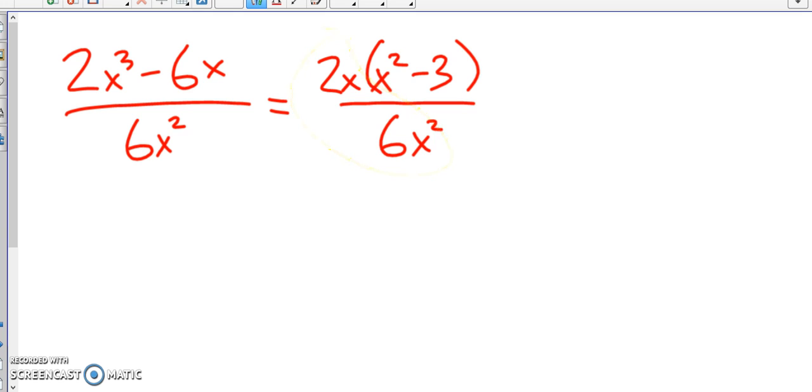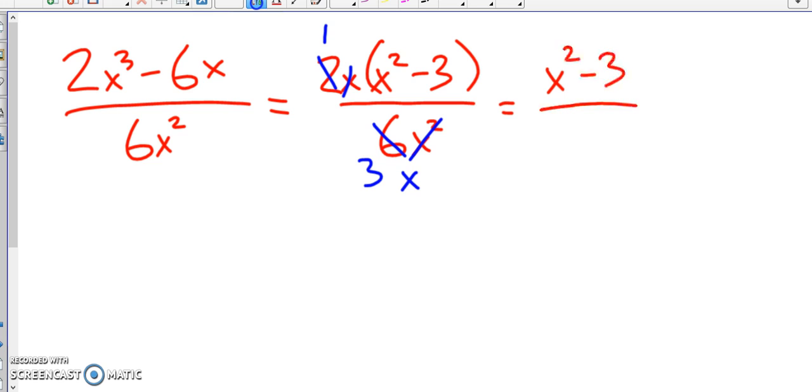So notice that I can simplify the 2 and the 6. So 2 would become 1, 6 would become 3. And then notice that this x cancels with one of those, so I just have 3x. And so, as a result, I'd have x squared minus 3 over 3x. And please notice that the 3's don't cancel there.